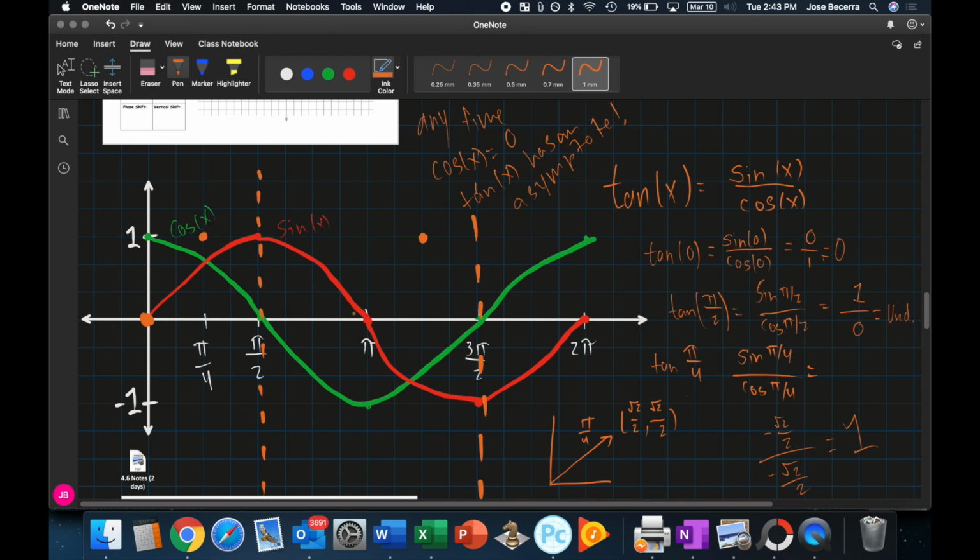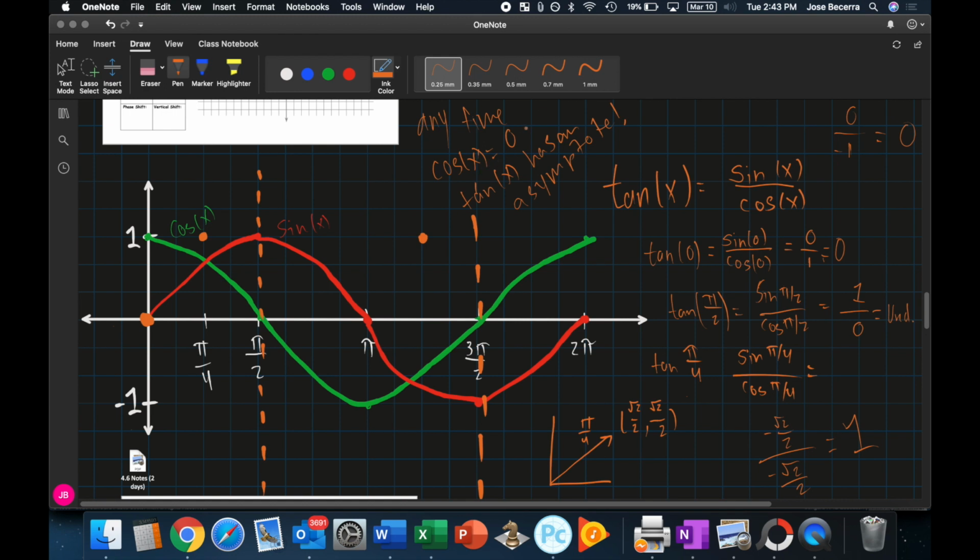What's going to be my value for pi? At pi, sine is 0, cosine is negative 1, so in other words, what is 0 divided by negative 1? It's undefined when you divide by 0. But when 0 is on top, your answer is just 0.